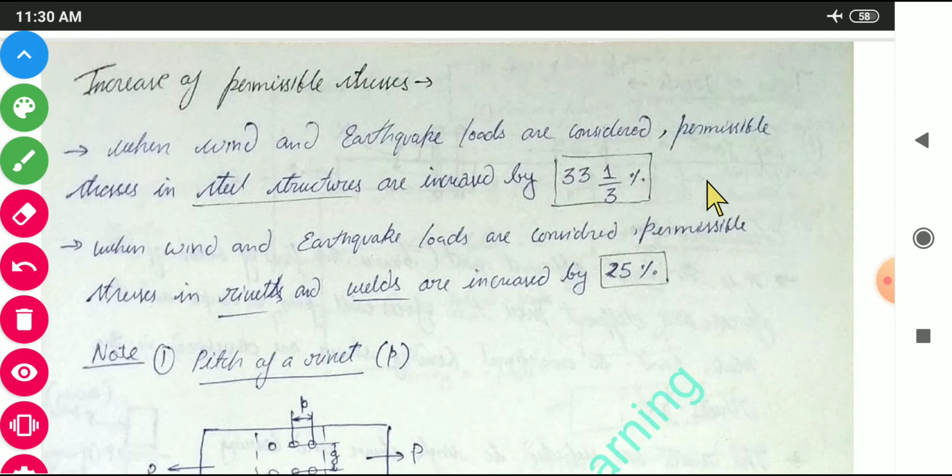Also, when wind and earthquake loads are considered, permissible stress in rivets and welds is increased by 25%. Rivets and welds we will be discussing in the coming sessions.